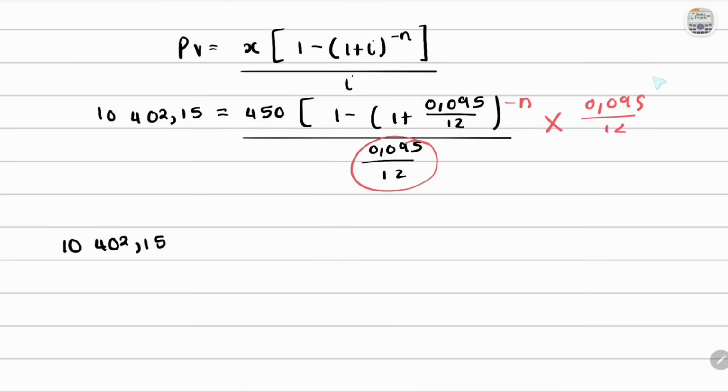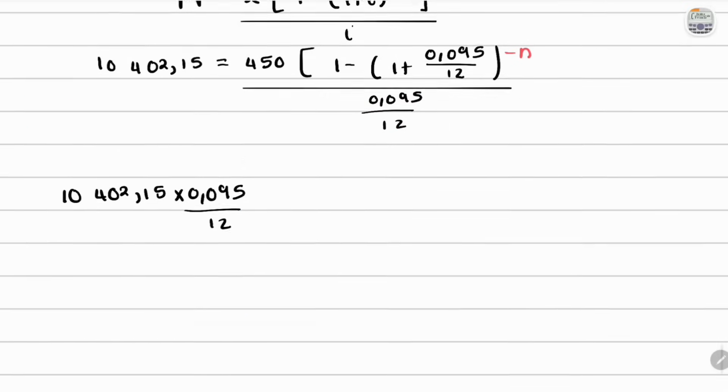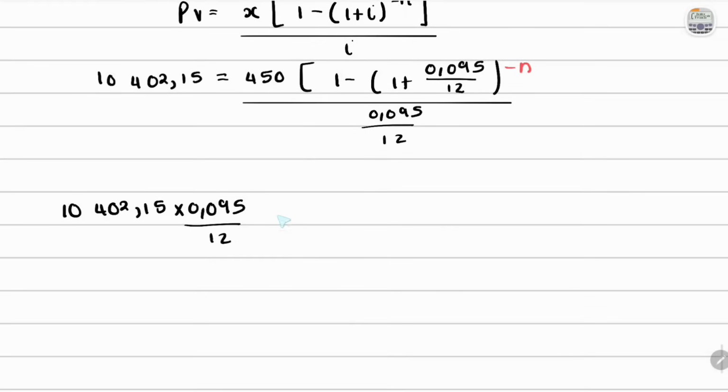And when we do that, what you do on this side, you have to do on this side as well. So we'll also multiply this side by it. And what's going to happen is over here, it would cancel. But over here, it will be multiplied by it. So this changes to this multiplied by 0.095 over 12.